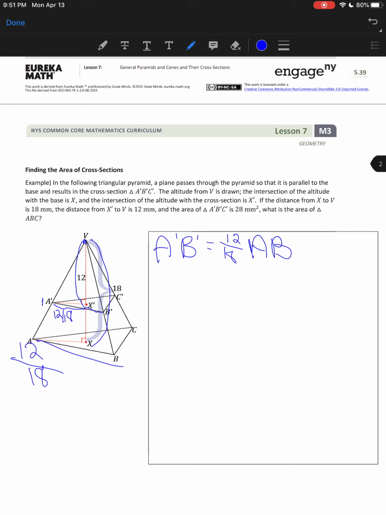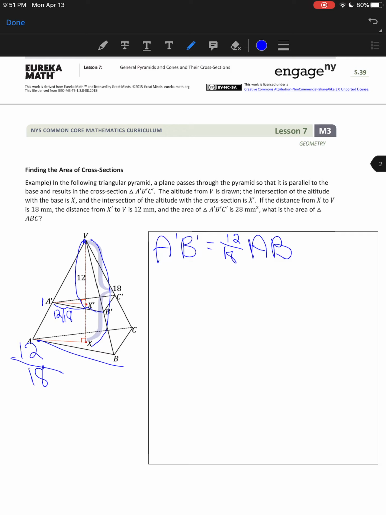But again, that's just one side. We're not necessarily talking about the area yet. We're just talking about a side. Any side would be 12/18 as large.